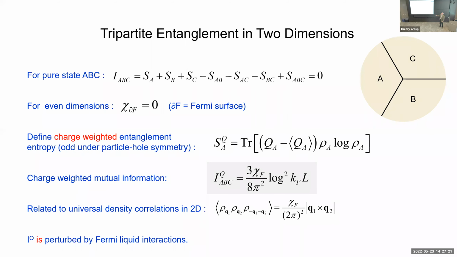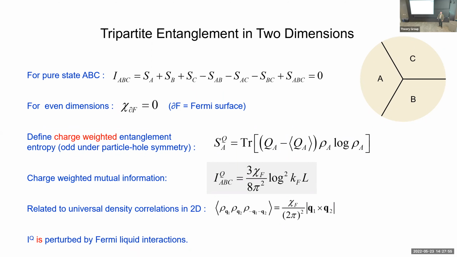And it's trivial because, if I try to define this tripartite mutual information, mind you, A, B, and C are my entire system, and the entire system is in a pure state. So S of ABC is equal to 0, and then SA is equal to SBC, SB is equal to SAC, and SC is equal to SAB. So this thing is 0 even before we tried to calculate it.